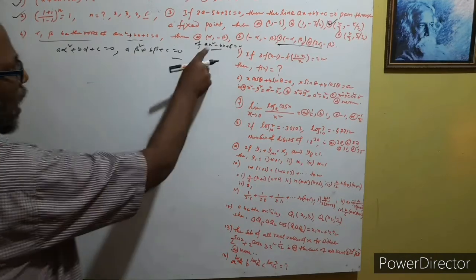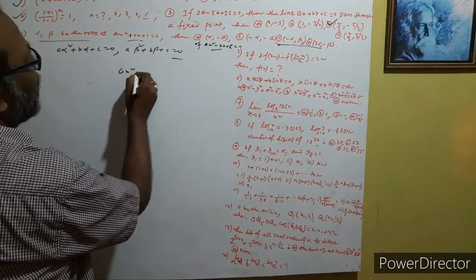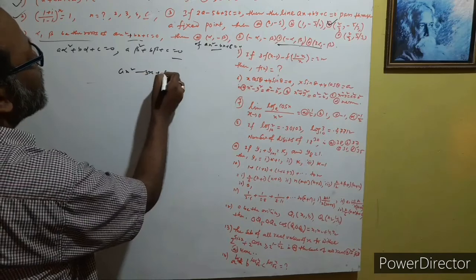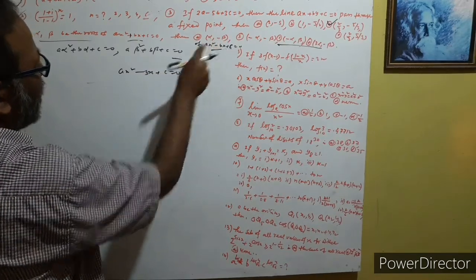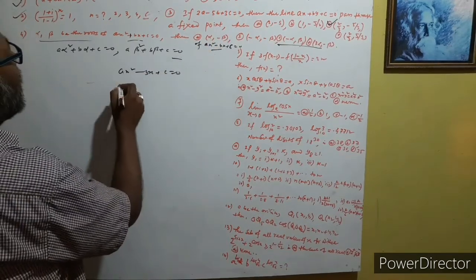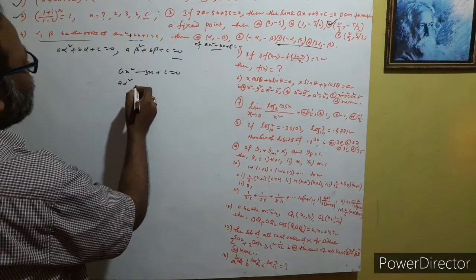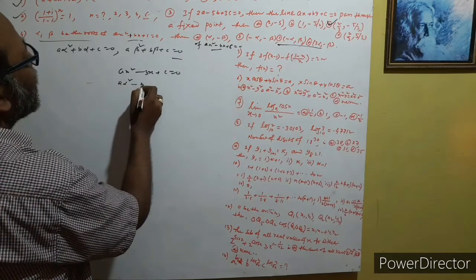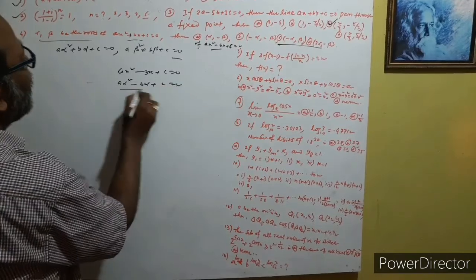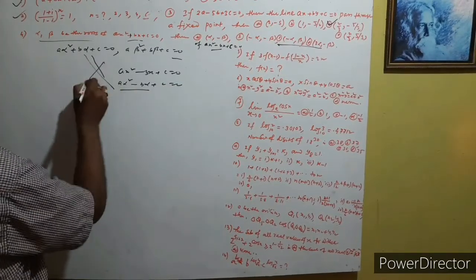If in ax² − bx + c = 0 we put α, what do we get? aα² − bα + c = 0, but this does not match.